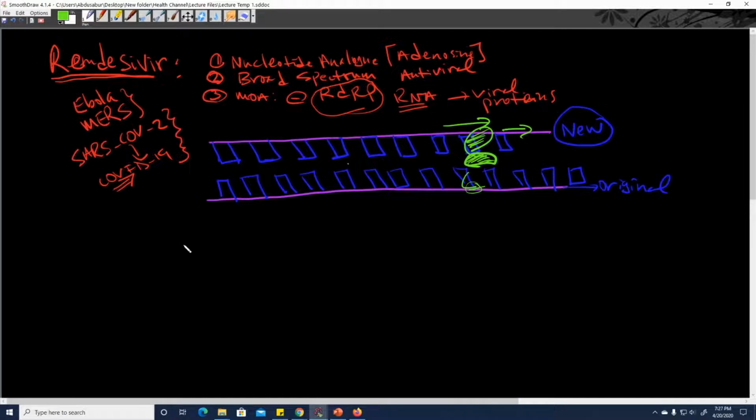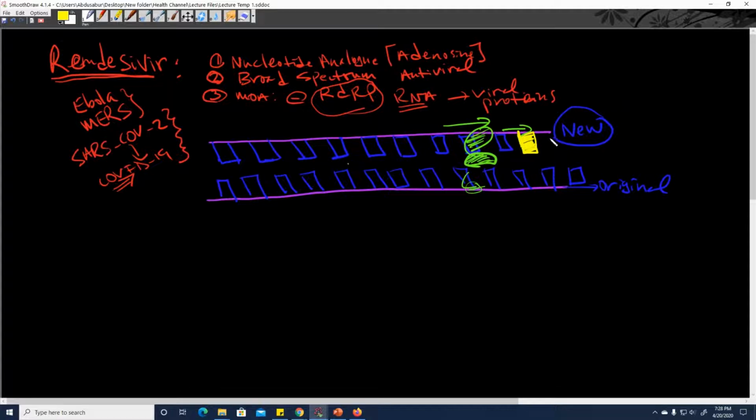Now, in the case of remdesivir, what happens is, let's say we have a nucleotide that looks very similar to the other nucleotides, but it's slightly different. So what happens here is the enzyme is going to come down.